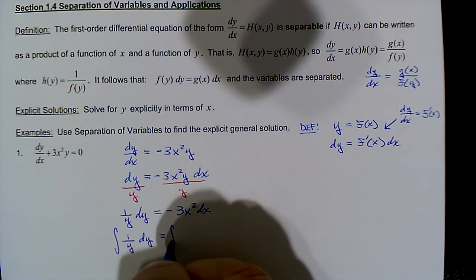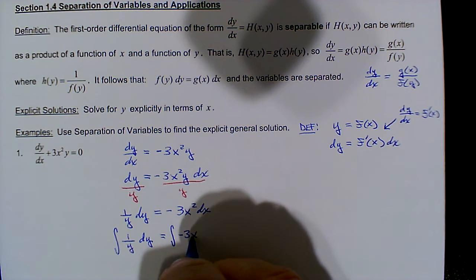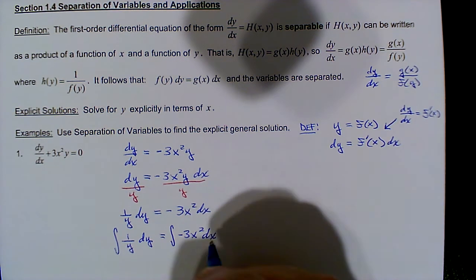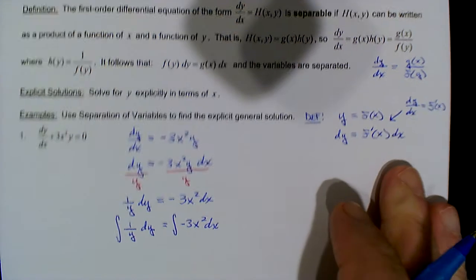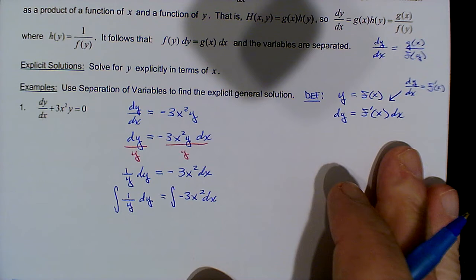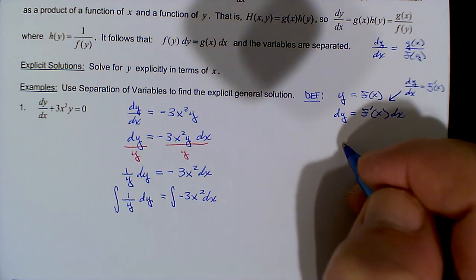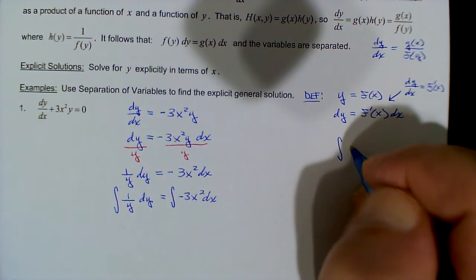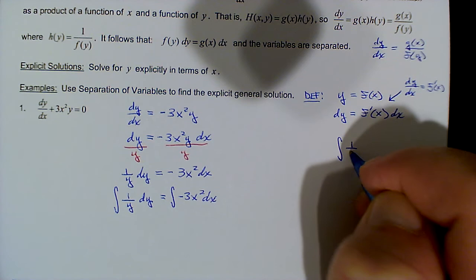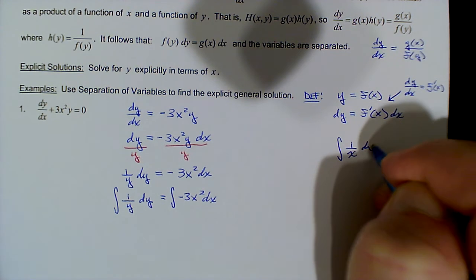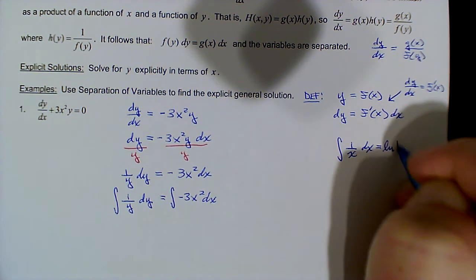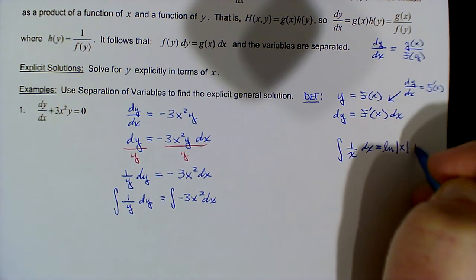And then on the left hand side, you need to, of course, recognize the formula. In general, the integral of 1 over x with respect to x is the natural log of the absolute value of x plus a constant of integration. And so therefore, 1 over y with respect to y integrates to be the natural log of y.